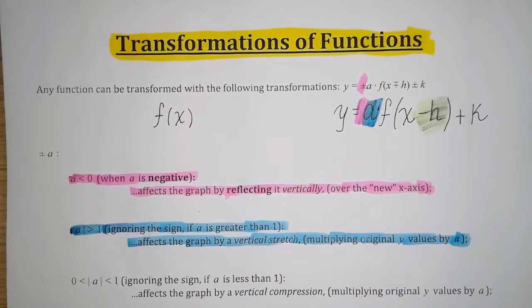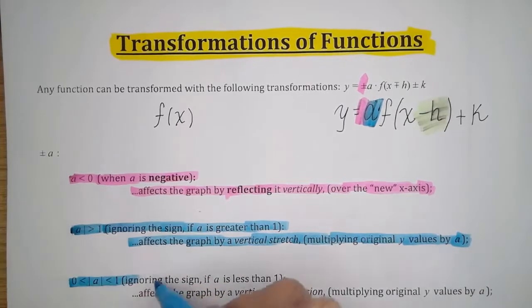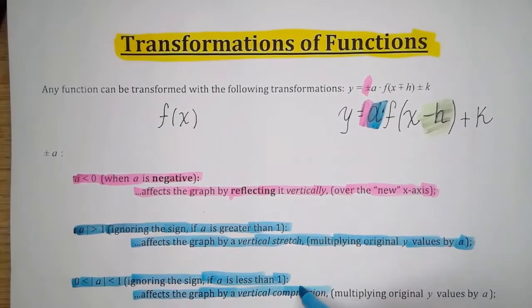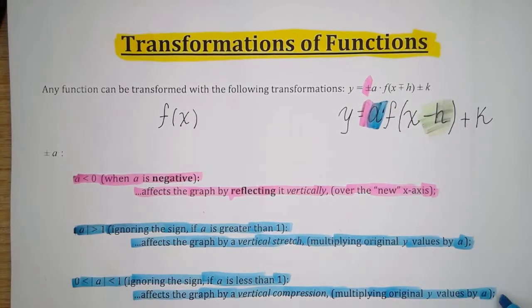It only affects your graph vertically. But when the absolute value of a, again ignoring the sign, is between 0 and 1, or less than 1, it is a vertical compression. Some books will refer to this as a vertical shrink.